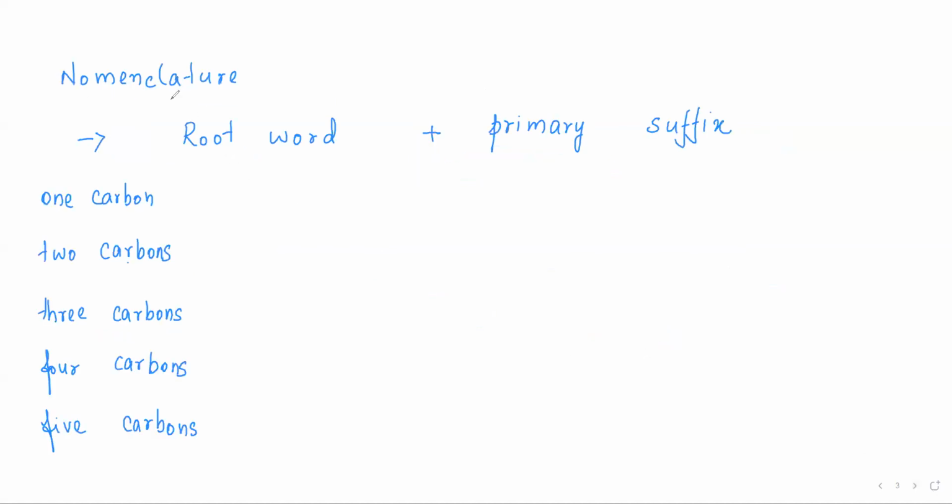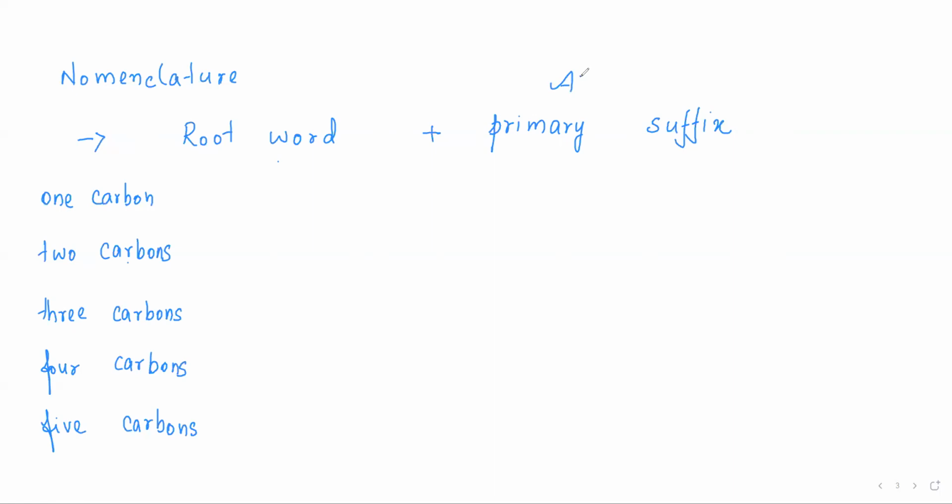How can we name these alkanes? Alkanes are named, simple alkanes I mean, to begin with, root word plus primary suffix. Now, the primary suffix depends on the name of the homologous series.